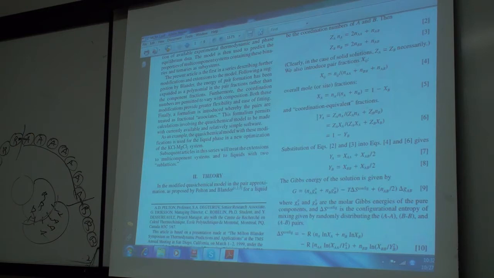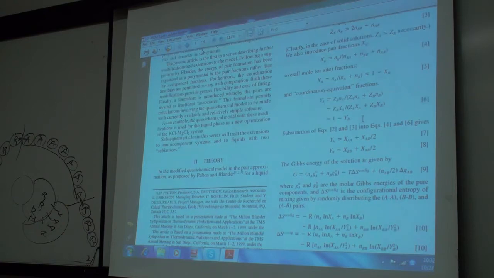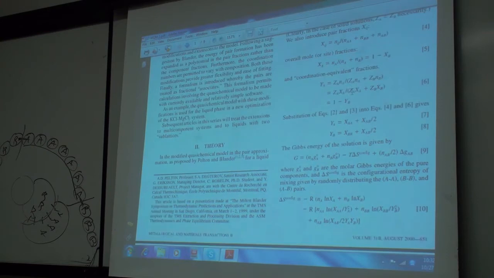So the Y's are the mole fractions if Za equals Zb, as in a solid, but we can weight them with respect to the coordination numbers. I call them coordination equivalent fractions because in molten salt chemistry you talk about charge equivalent fractions. So I wanted to distinguish that.